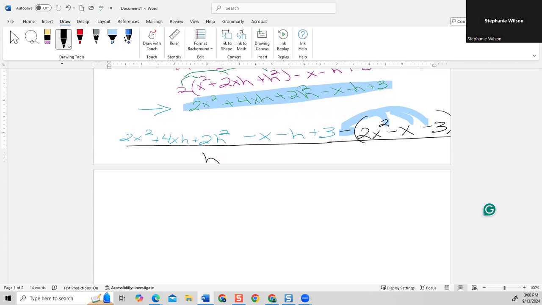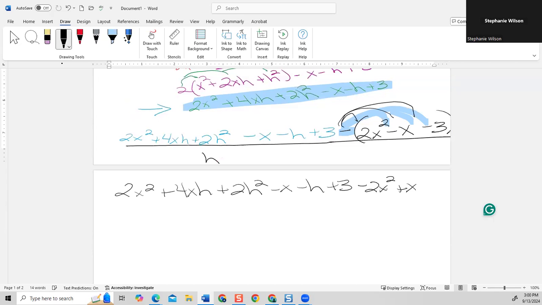So I'm going to rewrite it: 2x squared plus 4xh plus 2h squared minus x minus h plus 3. Negative times positive is negative. Negative times negative is positive. Negative times positive, or negative again, is positive again.